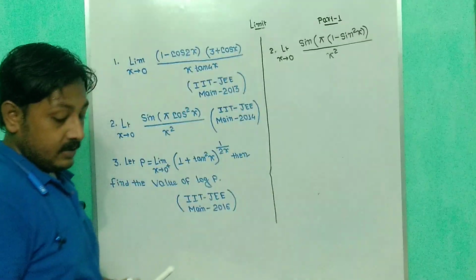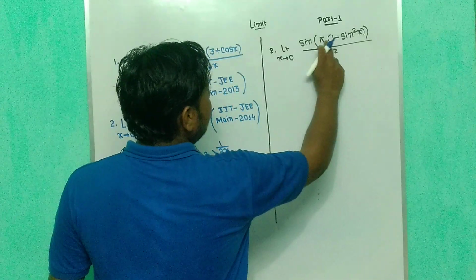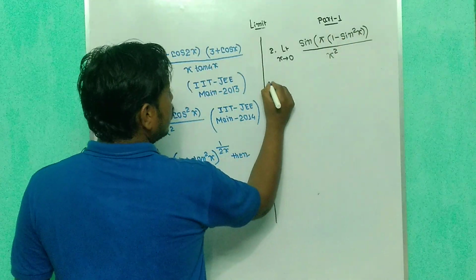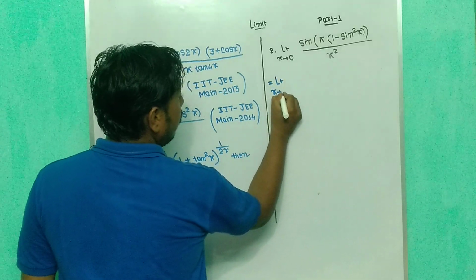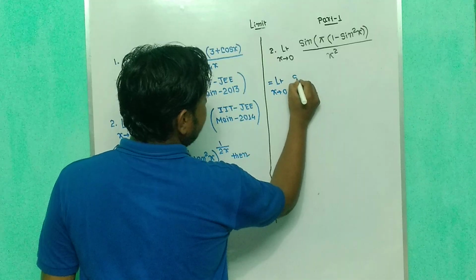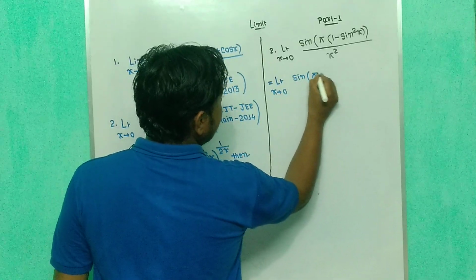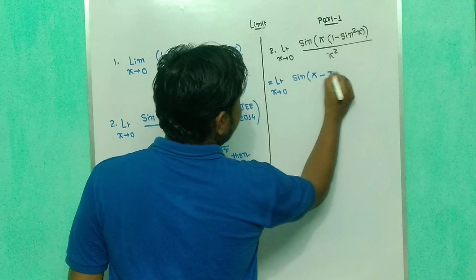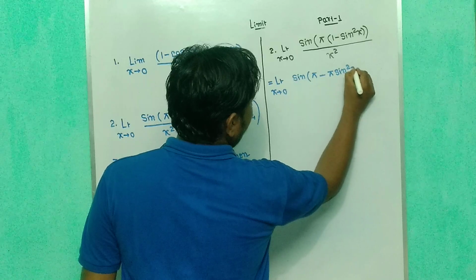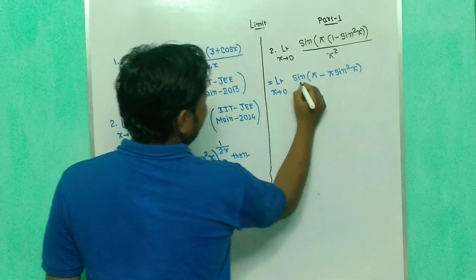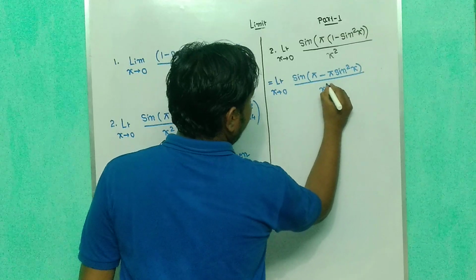Okay. Now see. So we multiply pi with these things. So limit x tends to 0 sine (pi minus pi sine square x) divided by x square.